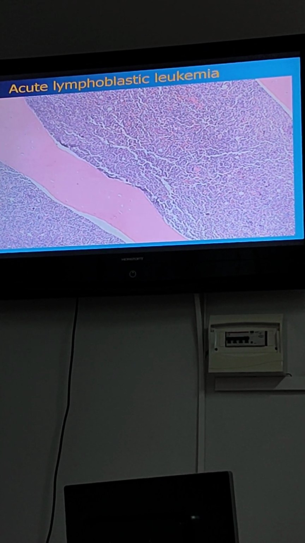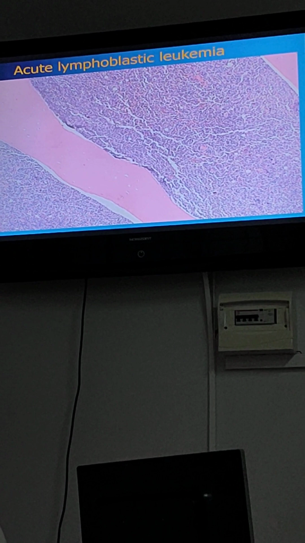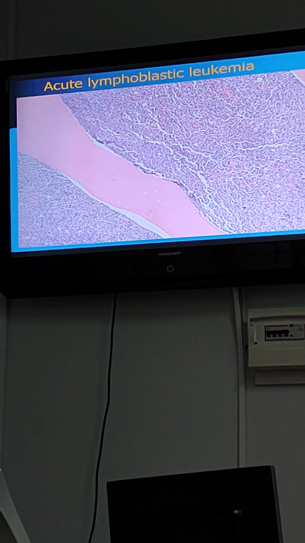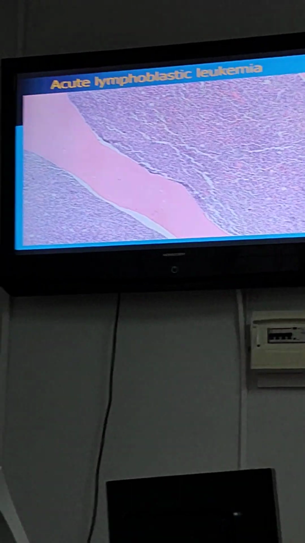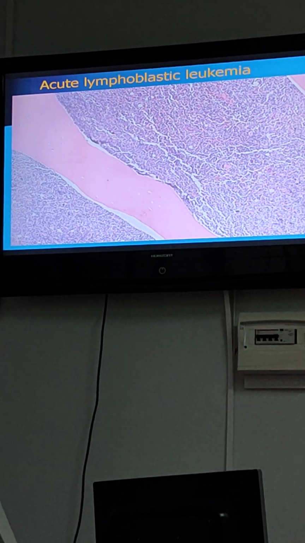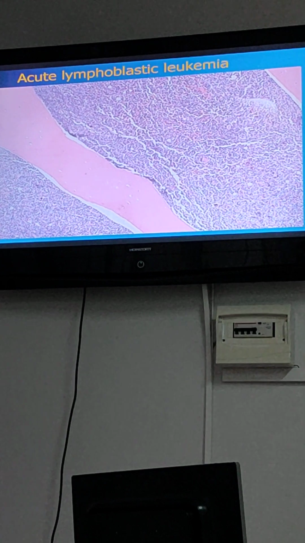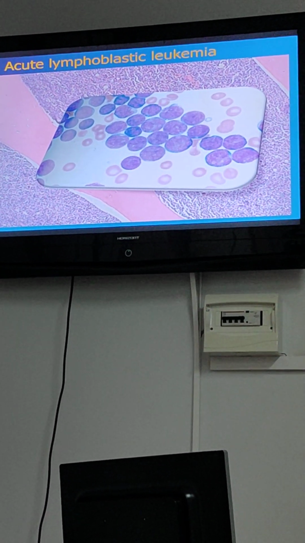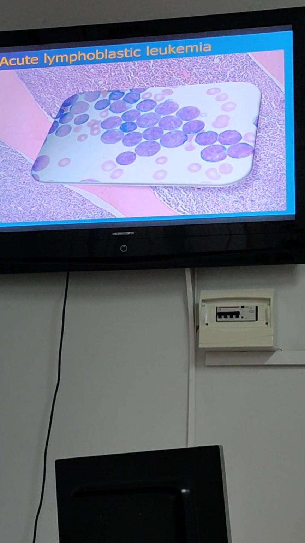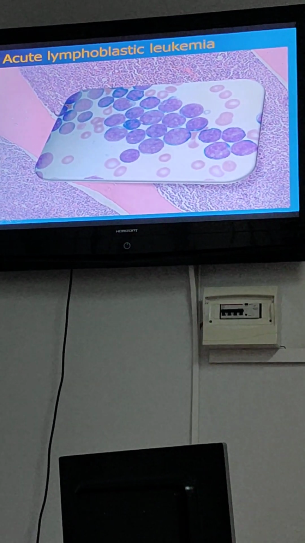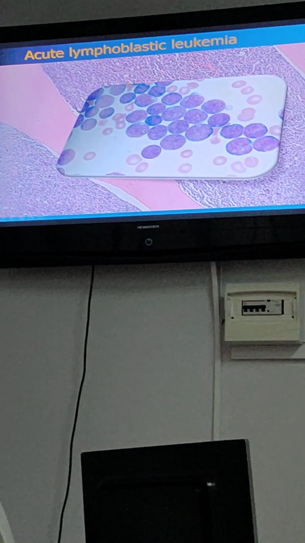Acute lymphoblastic leukemias. What is the difference from the previous picture? This one has an increased number of cells, blast cells and tumor cells.